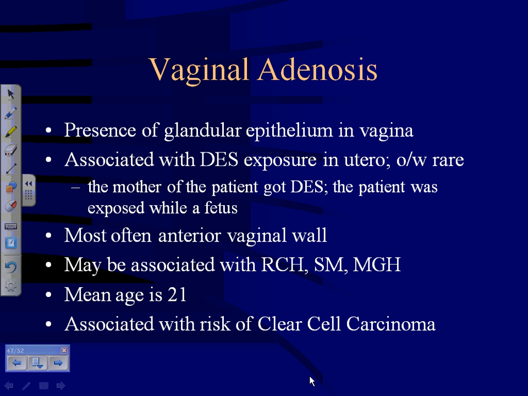It happens to the daughter whose mother received the DES during her pregnancy. So the daughter was exposed to the DES in utero while a fetus. And it shows up years later, okay?